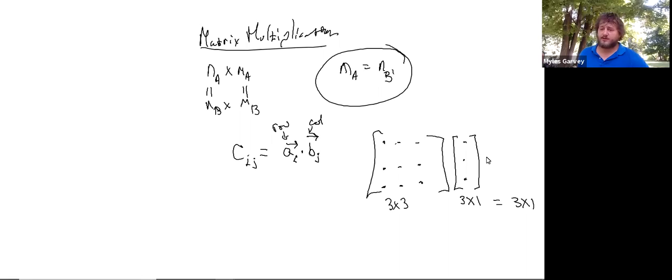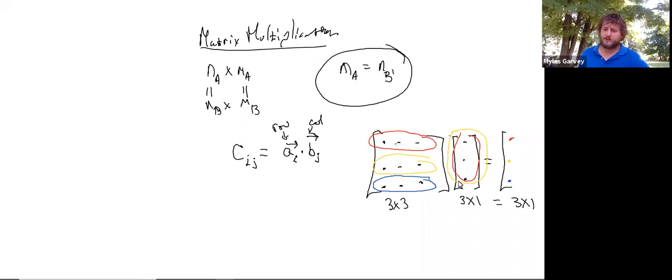For the new matrix, this quantity is the dot product, or the inner product, between this row and this column. This quantity here is the dot product between this row and the same column. This quantity here is the dot product between this and this. And that's how we find it.